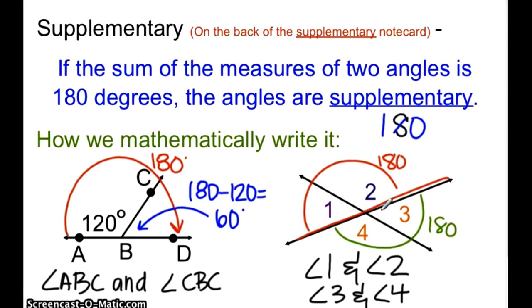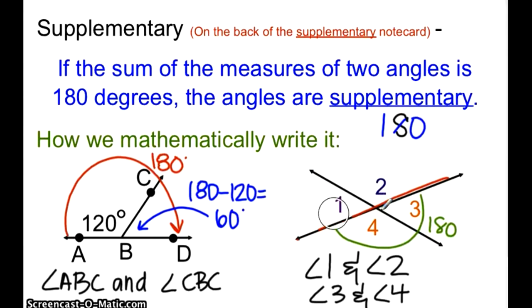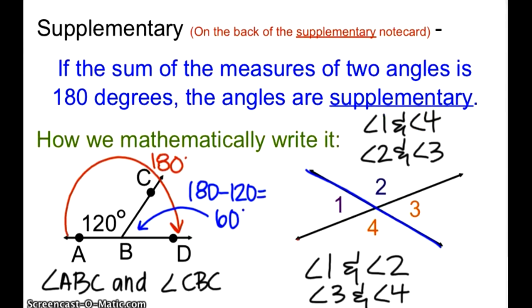You could also say that 2 and 3 are supplementary and 1 and 4 are supplementary because they share this line. So there are 4 pairs of supplementary angles in that picture: angle 1 and angle 4, angle 2 and angle 3, angle 1 and angle 2, and angle 3 and angle 4.